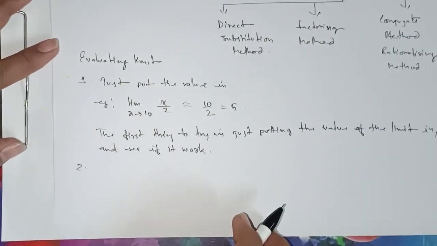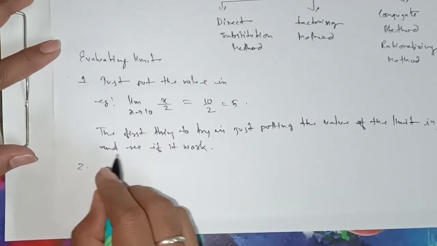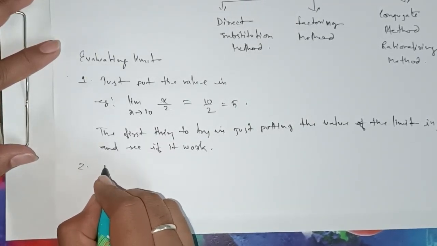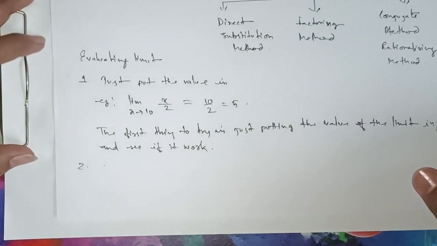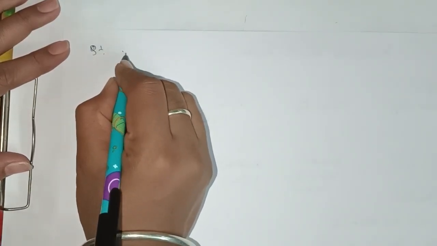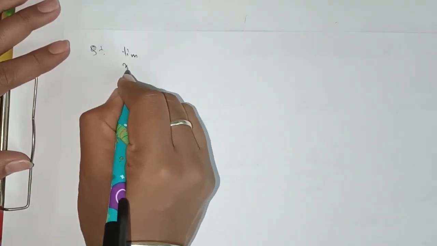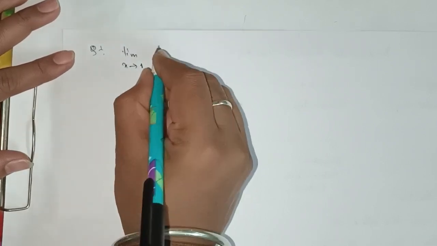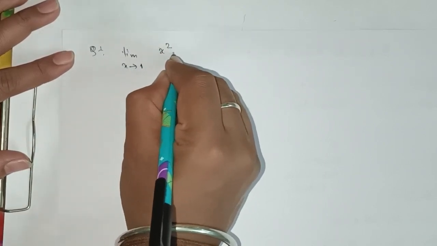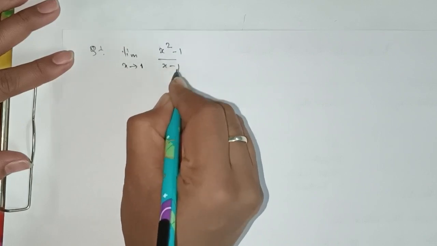So we can see the second method, that is the factoring method. We'll take a quotient, like limit x tends to 1 of x square minus 1 by x minus 1.